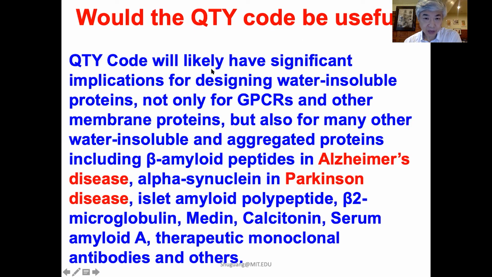The QTY code will likely have significant implications for designing water-insoluble proteins, not only GPCRs and other membrane proteins, but also many other water-insoluble and aggregate proteins, including beta-amyloid peptides found in Alzheimer's disease, alpha-synuclein in Parkinson's disease, islet amyloid polypeptides, beta-2 microglobulin, medin, calcitonin, serum amyloid A, and therapeutic monoclonal antibodies and others.